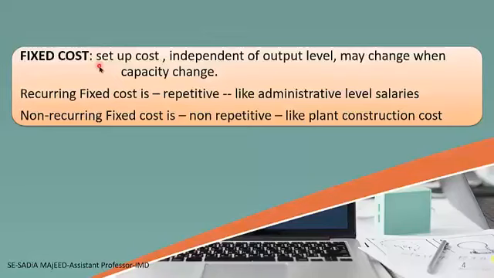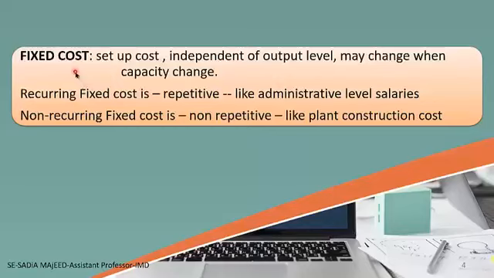You don't need to construct a whole factory again. Once you have constructed your factory, you develop your facility, then within the capacity of that factory or facility, you can change the output level. The setup cost remains constant. So setup cost is known as the fixed cost.